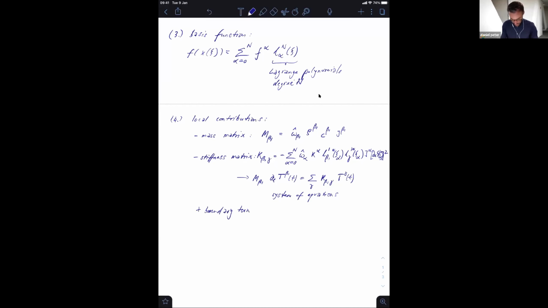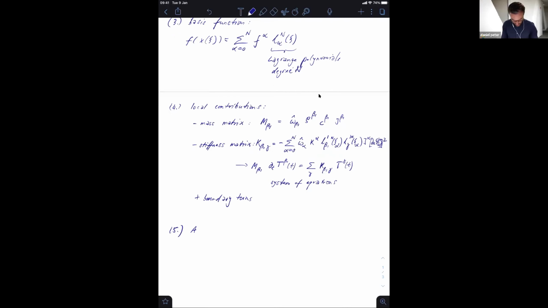We have them in our notes from last time as well. But what will be the next step after having our local contributions? Assembling. Assembly, exactly. The assembly stage.